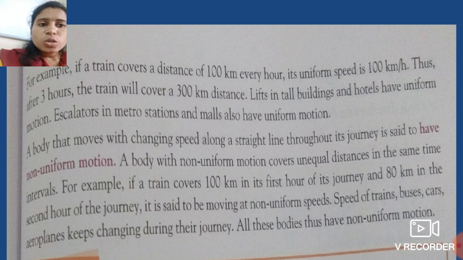Okay students, so it covers unequal distance. A body with non-uniform motion covers unequal distances in the same time interval. See over here one example is given. Suppose a train covers 100 km of distance in the first hour of its journey and 80 km in the second hour of its journey, then it is said to be moving at non-uniform speed.